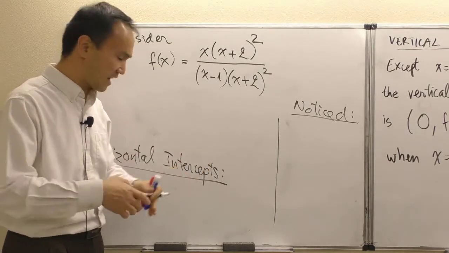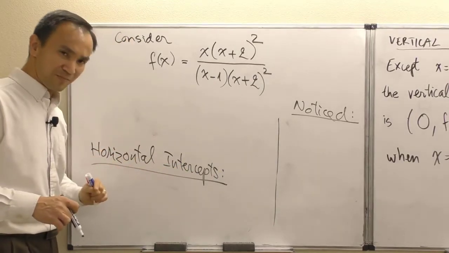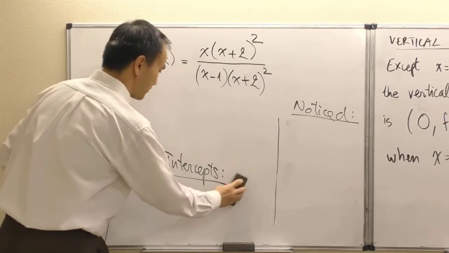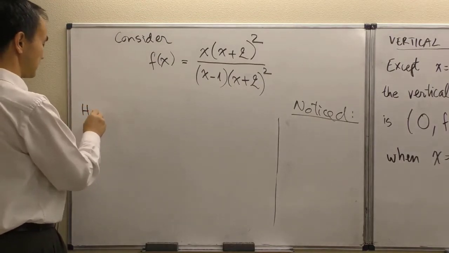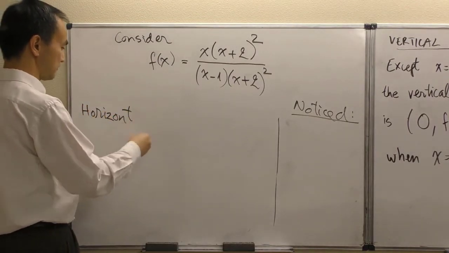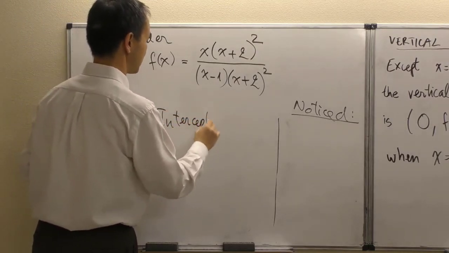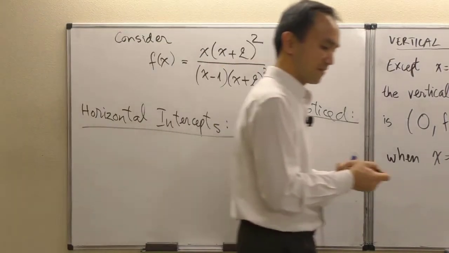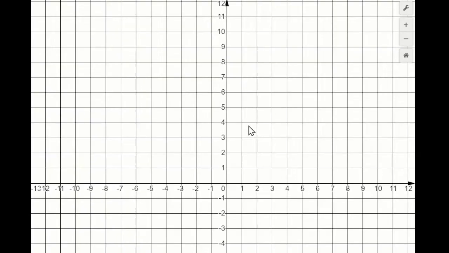Now let's look at our graph to estimate our horizontal intercepts. I don't need any more space here to write down the factor form. So I'm going to turn over to Desmos. This is our empty graphing space in the Desmos graphing utility.